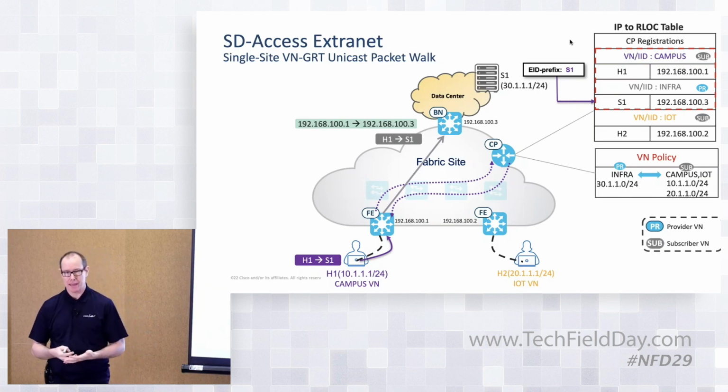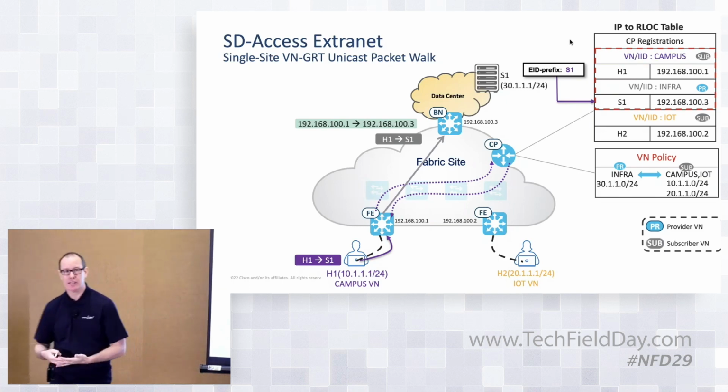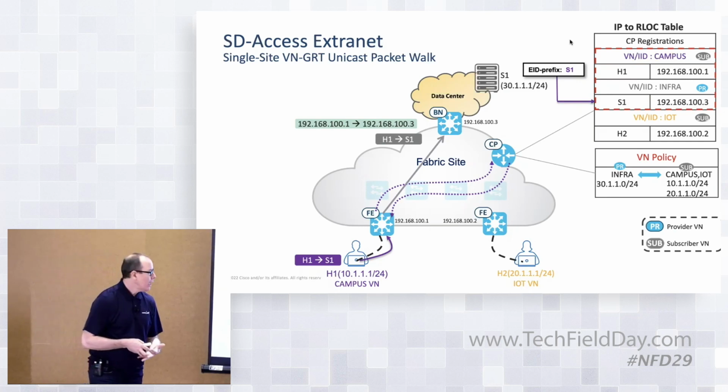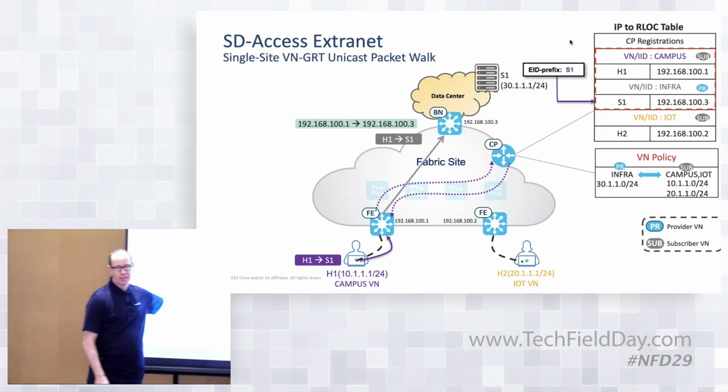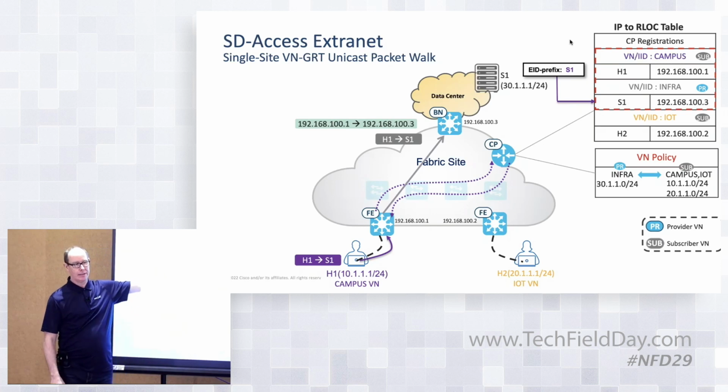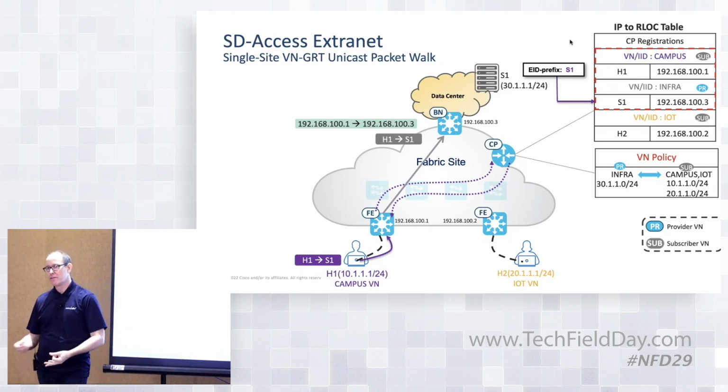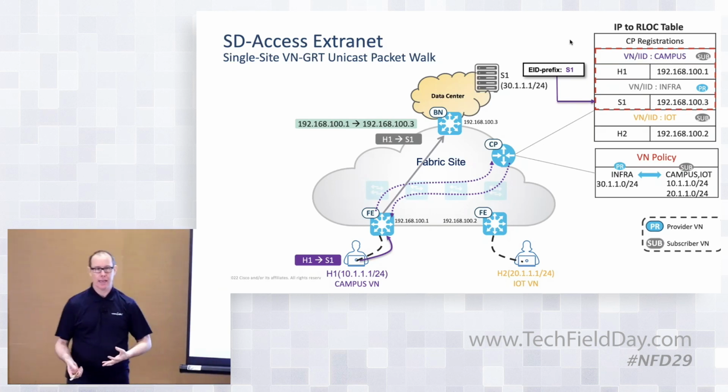From a design perspective, this becomes very interesting because now, if I can take advantage of this, I don't need a peer device. I don't need a router, switch, firewall, or whatever to do my route leaking.